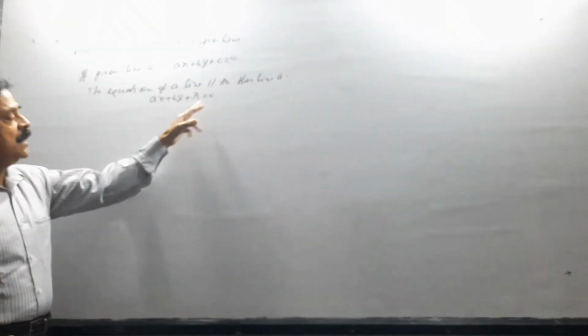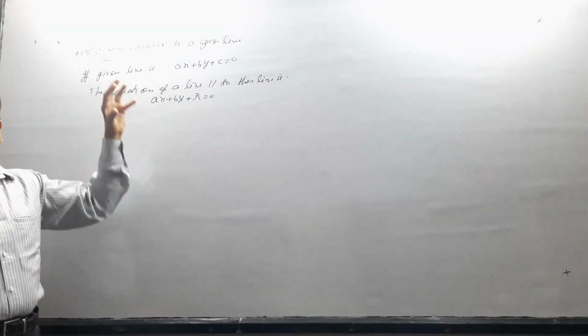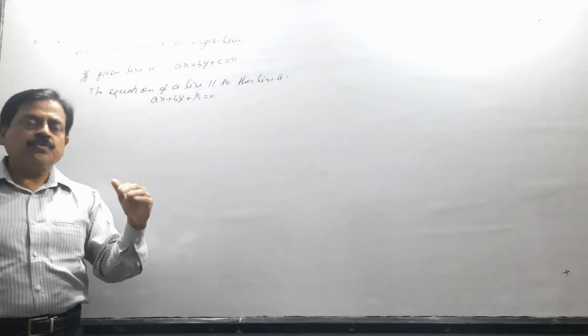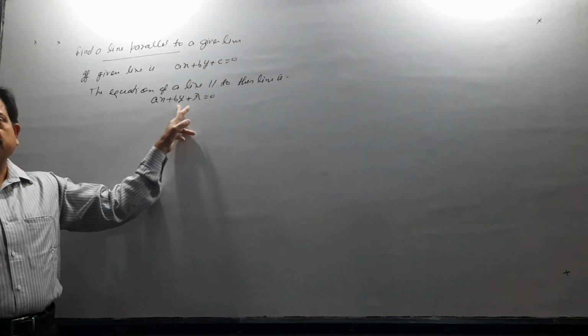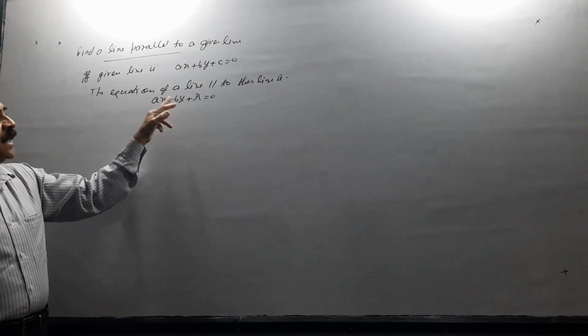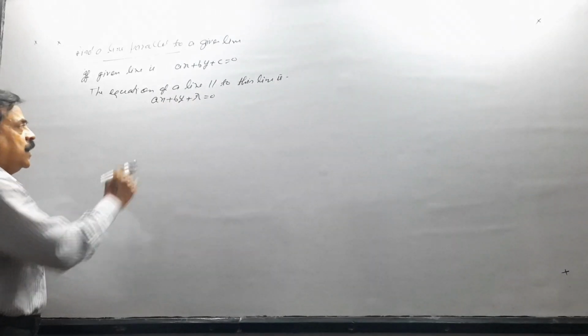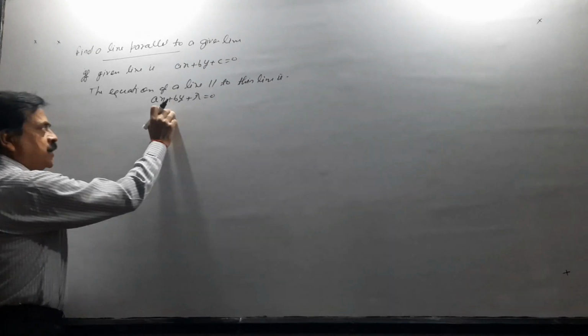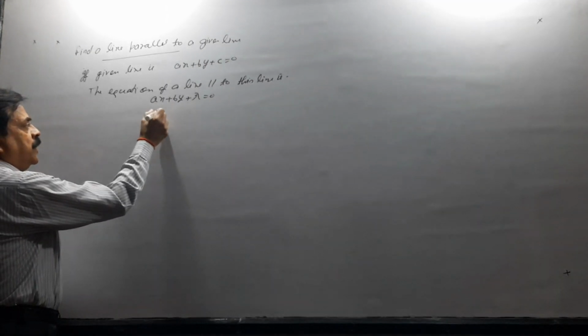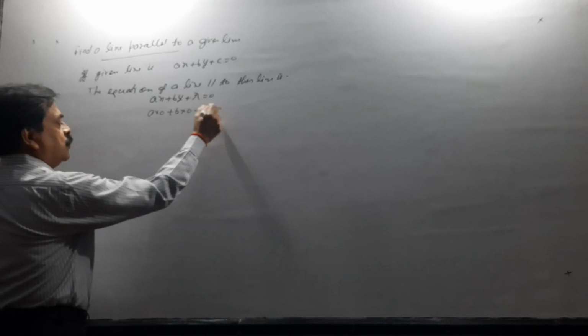If this line is passing through the origin, then the coordinates of the origin (0, 0) will satisfy this equation, meaning x and y are replaced by 0, 0. If this line passes through the origin, then a into 0 plus b into 0 plus lambda is equal to 0.